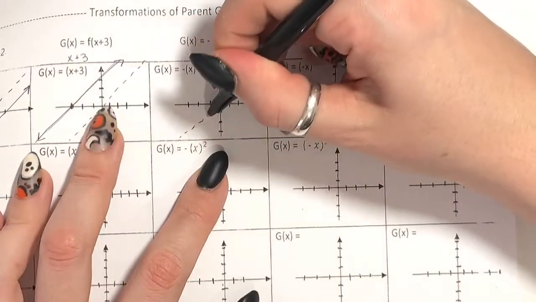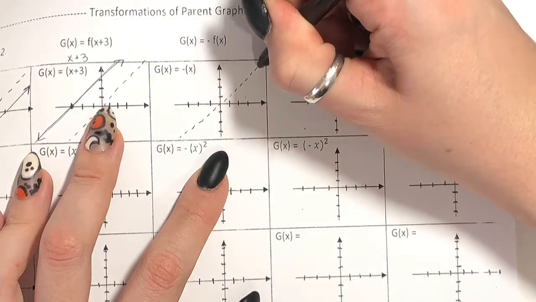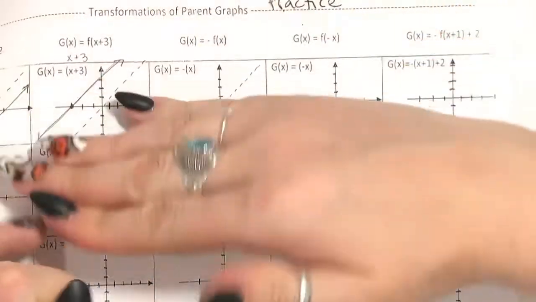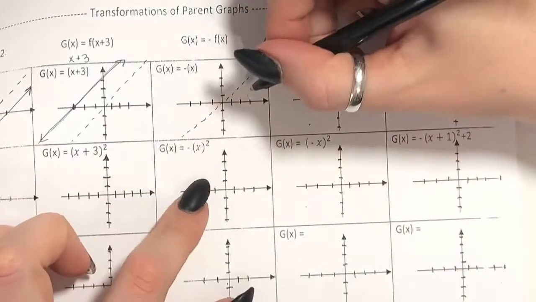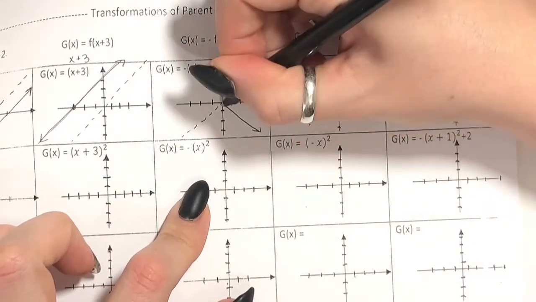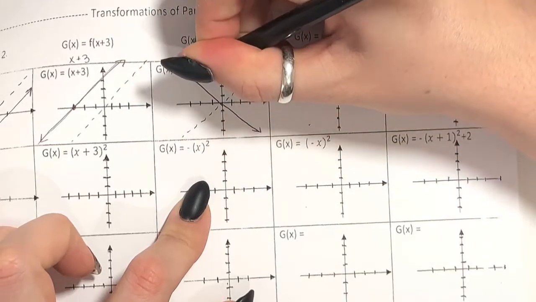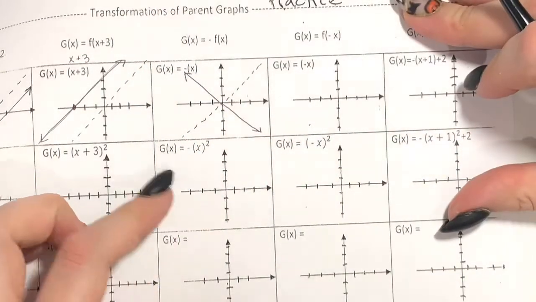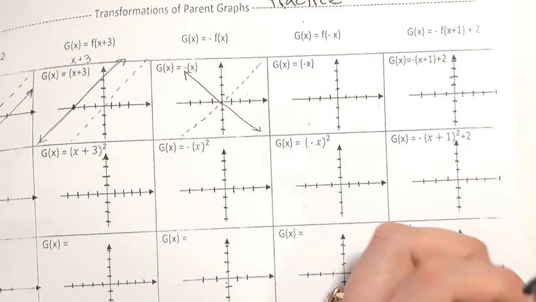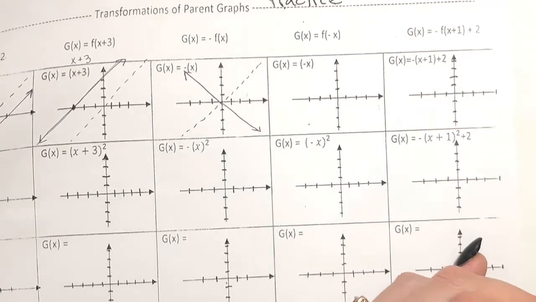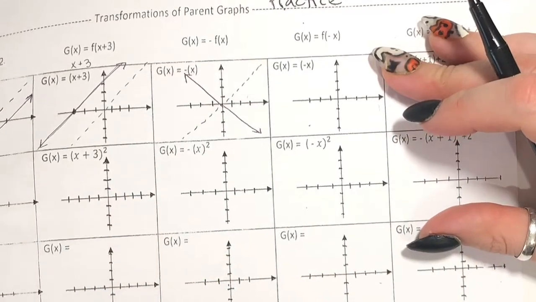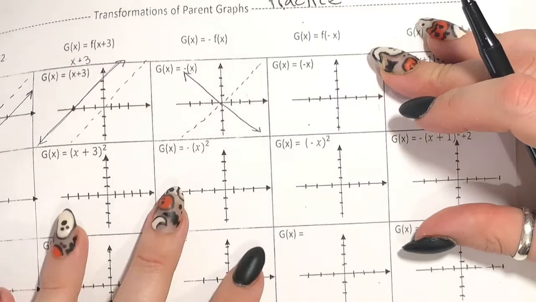So if here's my parent function going through 0, 0, and I'm reflecting this going from top down to bottom, instead of going up from here, it's going to go down from here. And instead of going down from here, it's going to go up from here. So that is going to be your reflection. And with a line, they all kind of look the same because you just have a line. But when we get into some more of the complicated functions, it's kind of easier to tell the difference between the reflections.